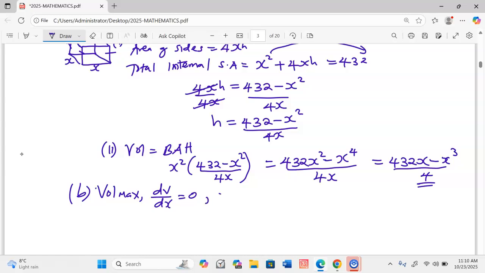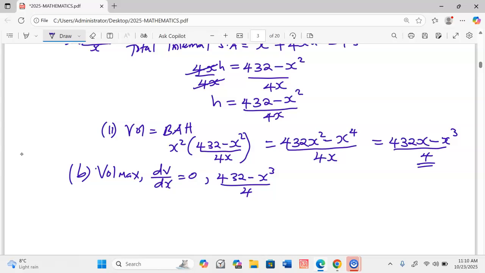The volume we have is 432x minus x cubed over 4, and if you differentiate 432x it will give us 432, minus x power 3 differentiated, we bring 3 down, and we less 1 from the power, giving us 3x squared. We do not differentiate 4 because 4 does not have x.